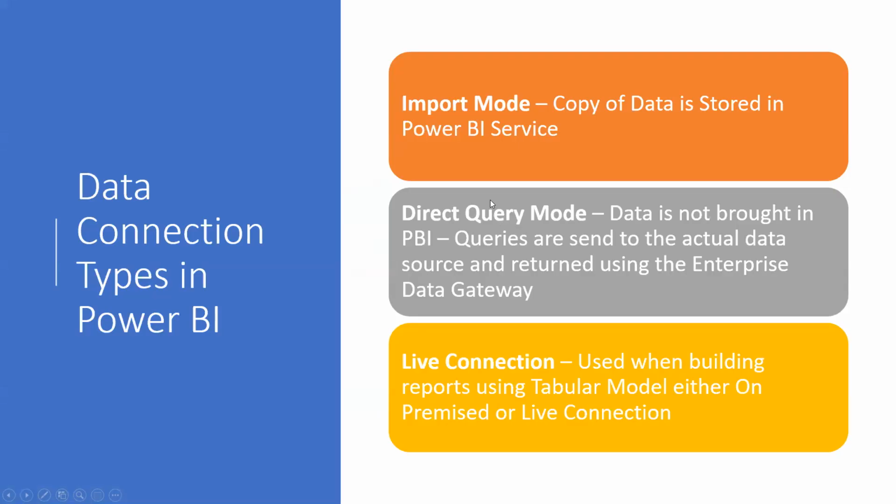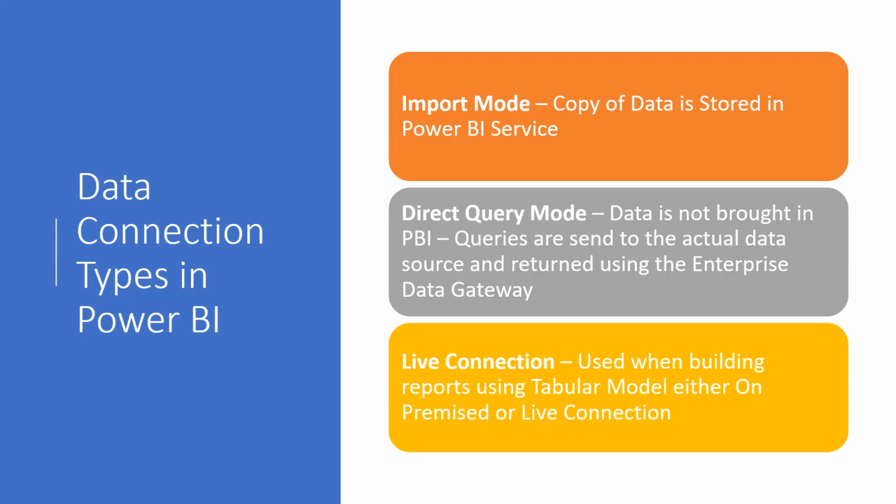Okay, so the key thing here is to understand the different data connection modes that are available in Power BI. Power BI has this strong, powerful engine, which is called the VertiPaq engine.